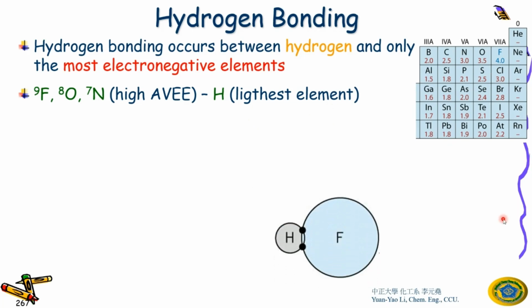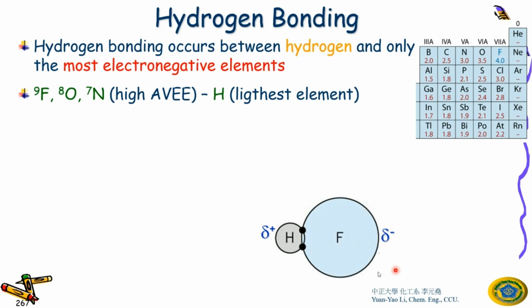So when you have a hydrogen fluoride molecule, of course you understand this is the negative charge region, and this is the positive charge region. Why? Because fluorine likes electrons very much. So the one electron here will be pulled very close to fluorine.